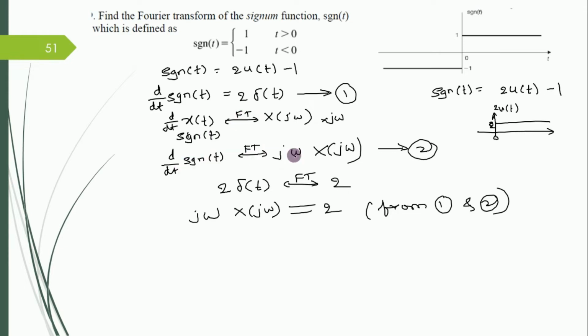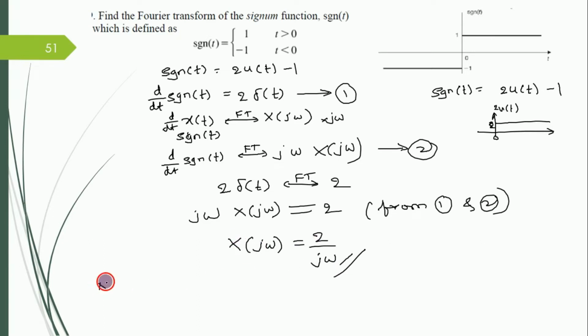So 2 into delta of t's Fourier transform pair is j omega X of j omega. That is the meaning of equation 2. So I combine these two things and equate the Fourier transform pairs. Hence I write 2 here. I am asked for the answer X of j omega, so I take j omega to the other side. So you get the answer as 2 by j omega.